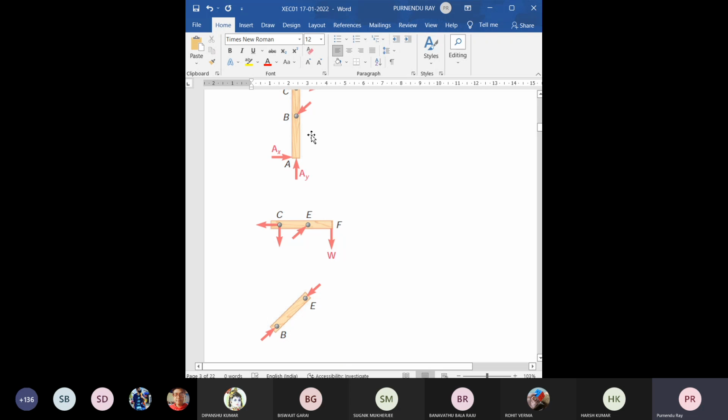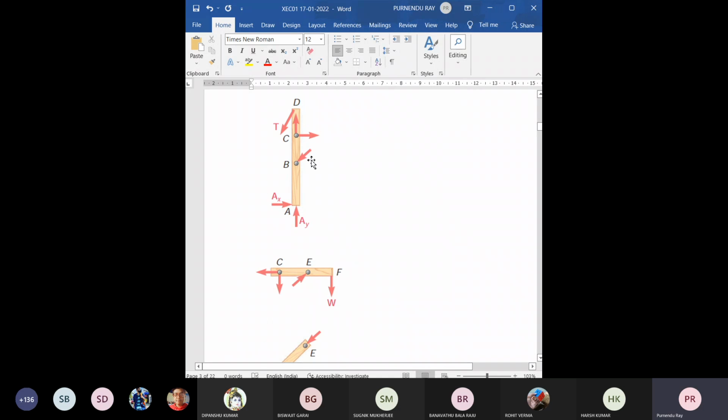So the force offered by this vertical member AD through this pin B on the member BE. On the member AD, the force applied at B was inclined downward, and the equal and opposite force will be here when we consider the member BE. This force and this force are equal and opposite.